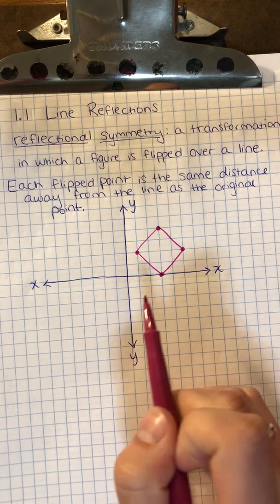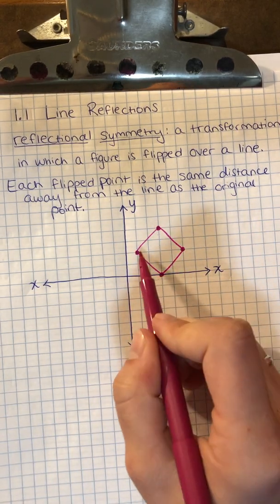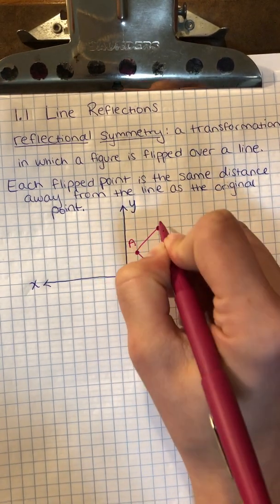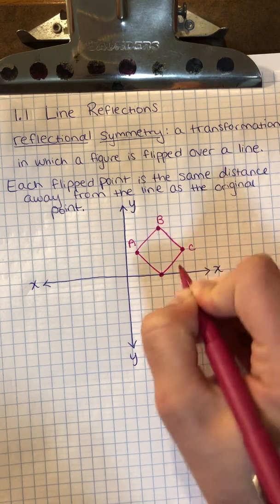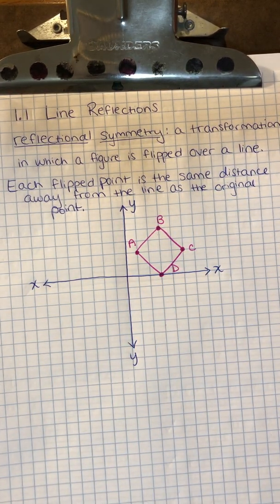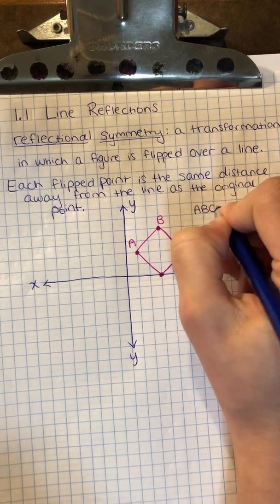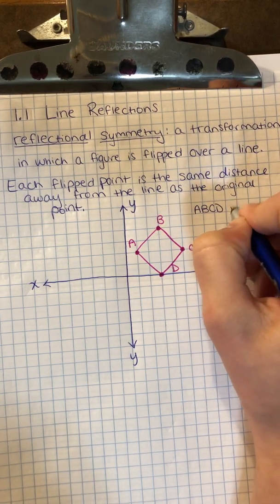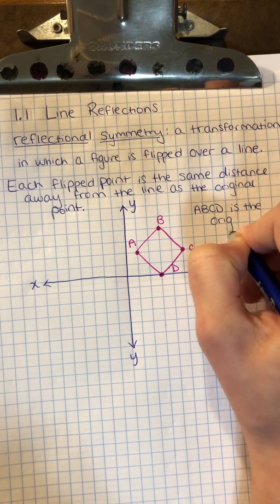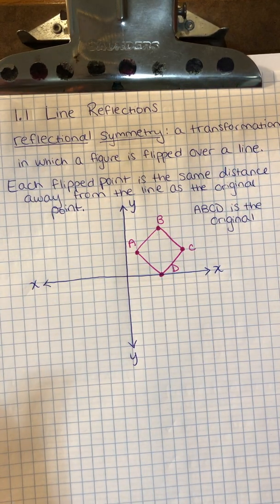In order for us to name this square, we need to add some labels to the vertices, or the corner points. So I'm going to label it A, B, C, and D. So that's the name of our shape. A, B, C, D is the original shape. It's the OG.